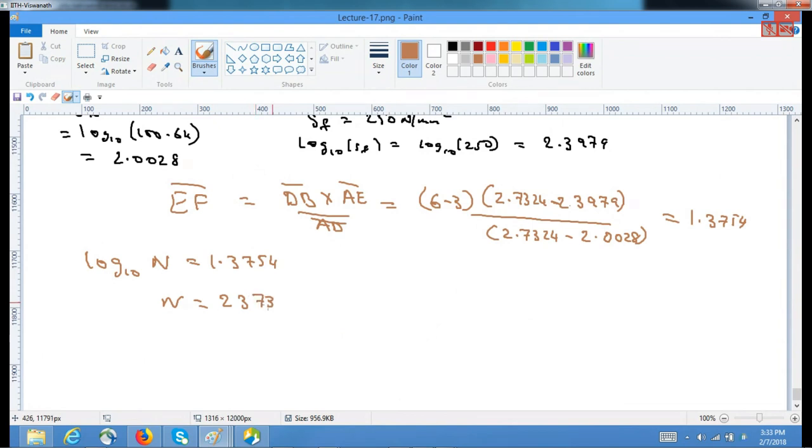So the life of this component when it is operated at 250 Newton per mm square is 23736 cycles.